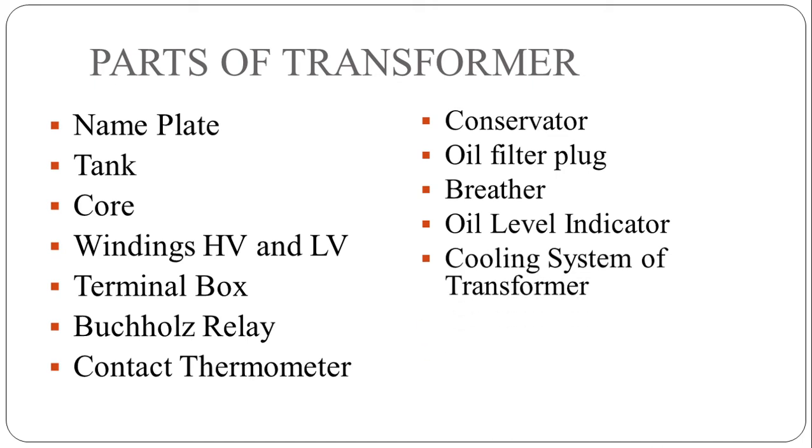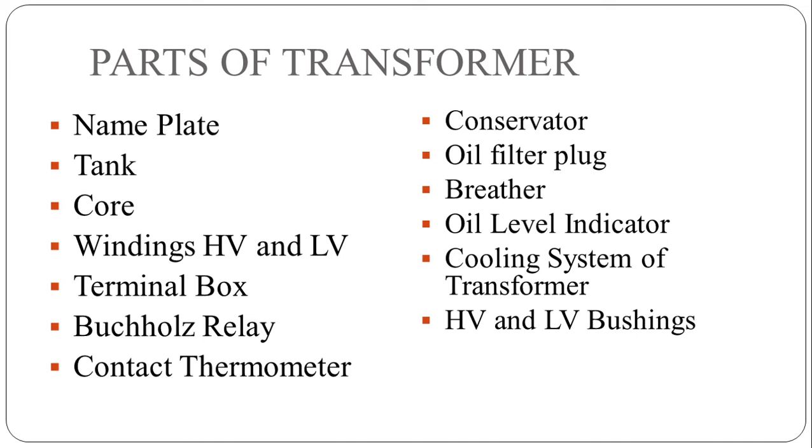Next is cooling system of transformer. Basically radiator of fins performs the function of cooling. But in large transformers, combination of radiator, fans and pumps forms the cooling system of transformer. Next is HV and LV bushing.